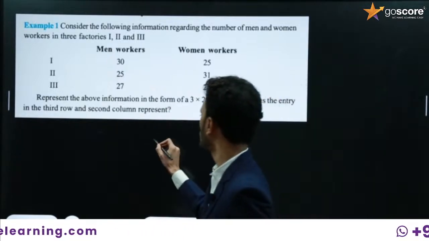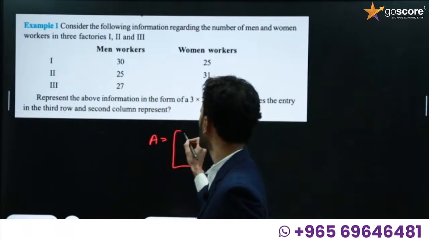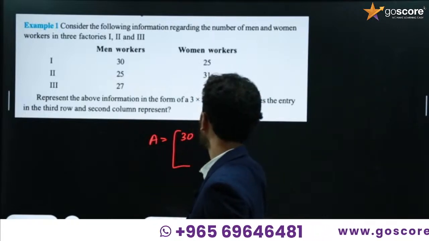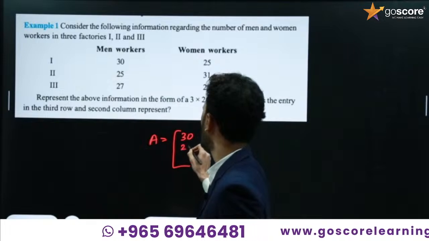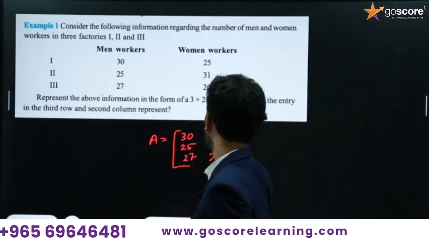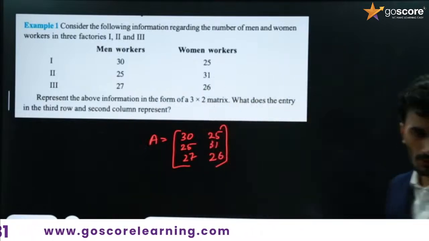So A is equal to, this one is men, 30, then women 20, then 25, 25, 31, 27, 26. This is the matrix representation of the above question.